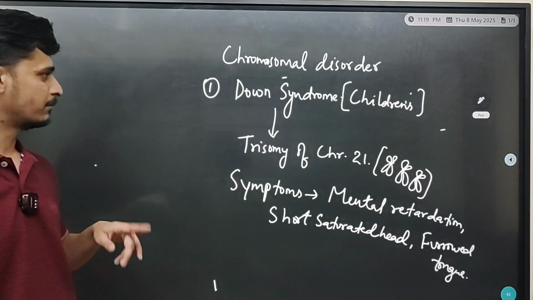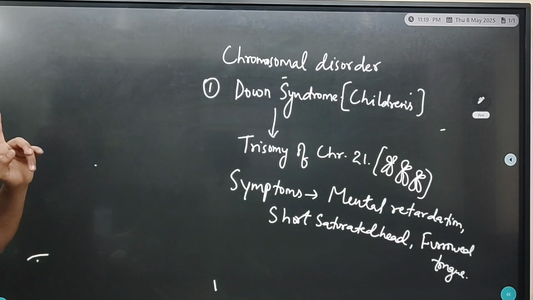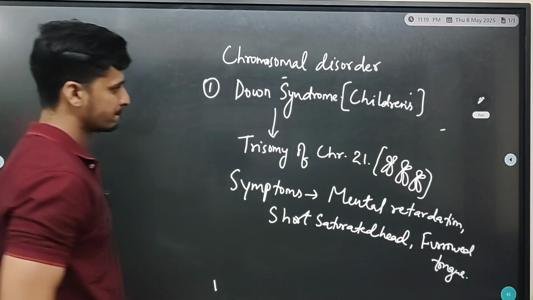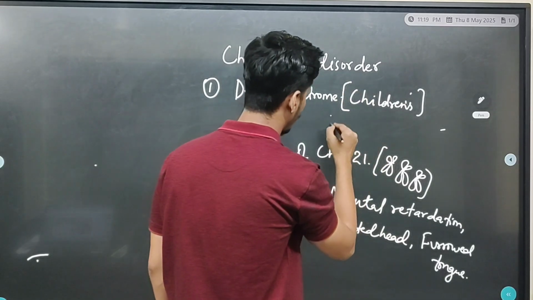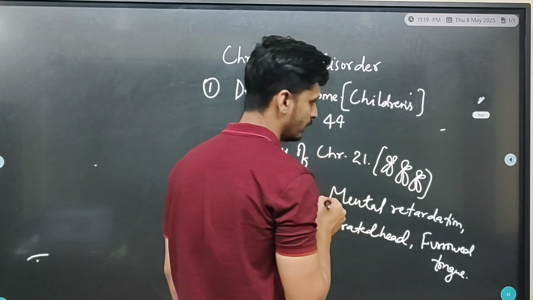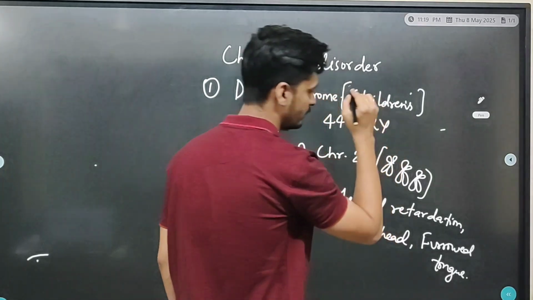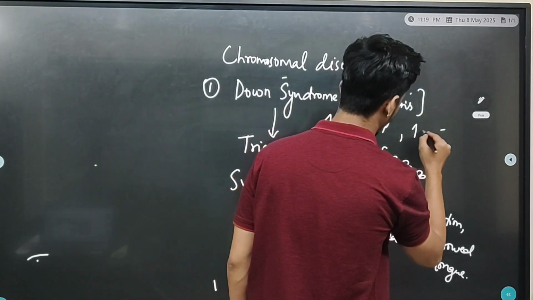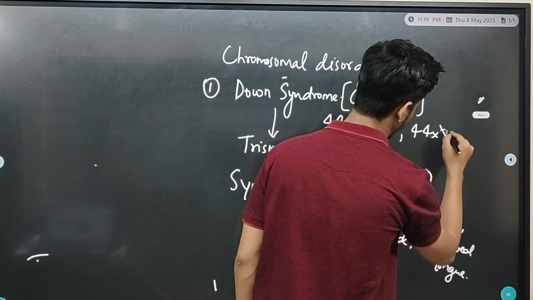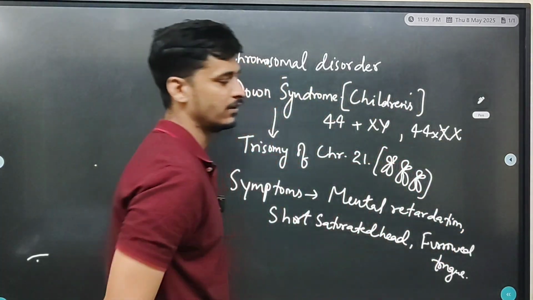And remember their genetic constitution. We know a normal person has 44 plus XY chromosomes in male and 44 plus XX in female.